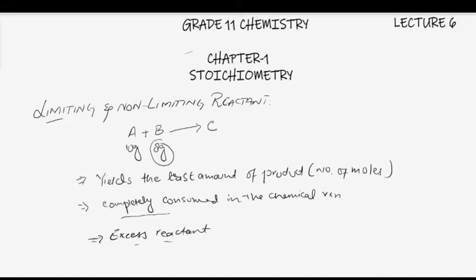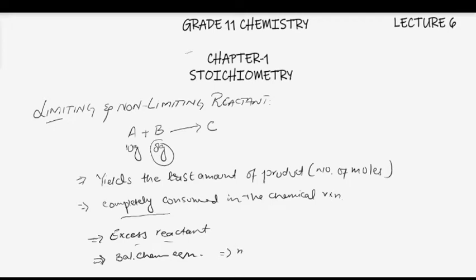So to find out whether we have or we don't have a limiting reactant in a chemical reaction, what do we need to do? We need to first have the chemical reaction and then write a balanced chemical equation for that reaction.